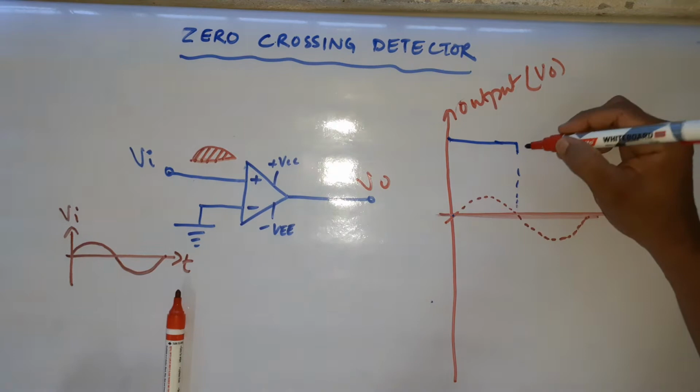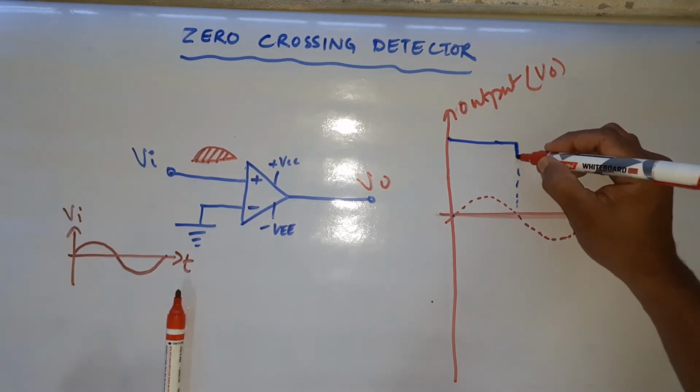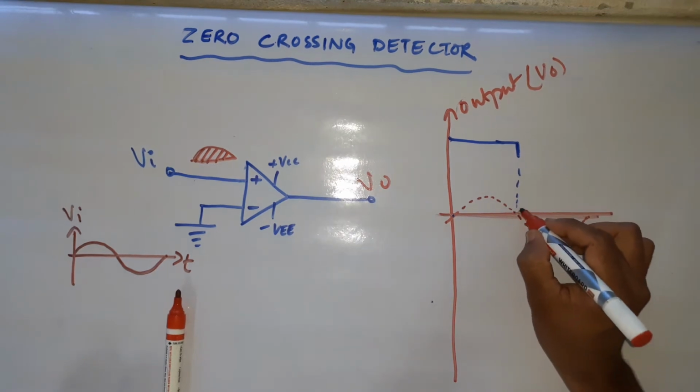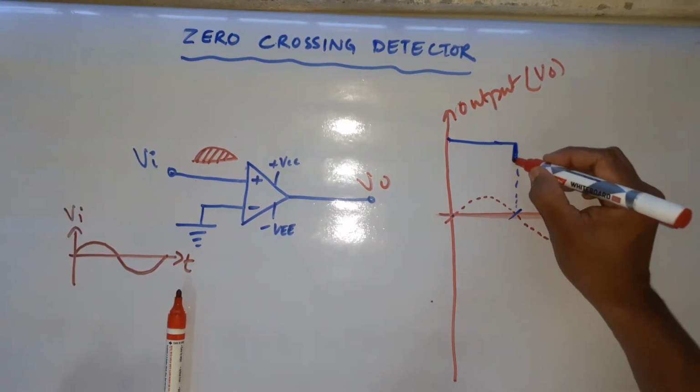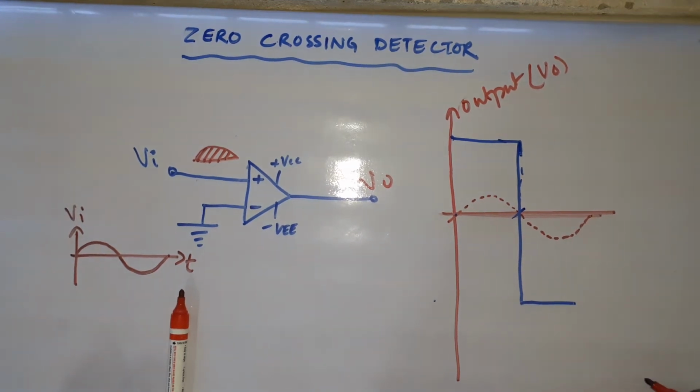Your output remains at plus V naught sat, and the moment your input crosses this zero line again, your output switches from plus V naught sat to minus V naught sat. Try to understand.